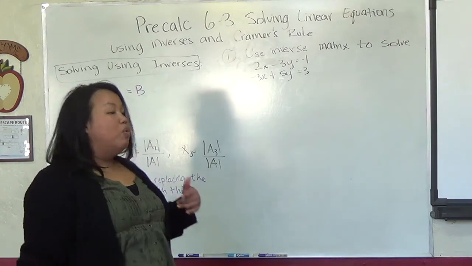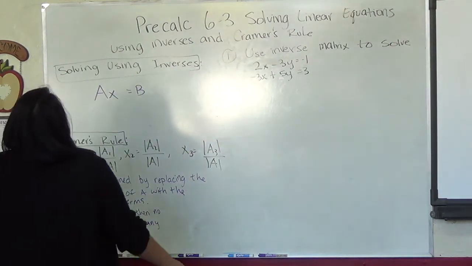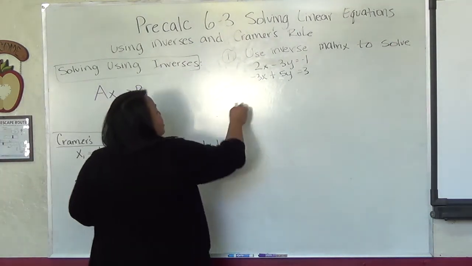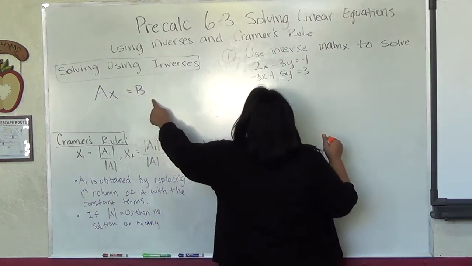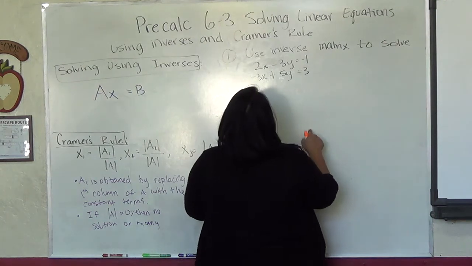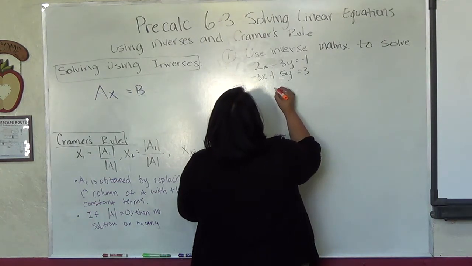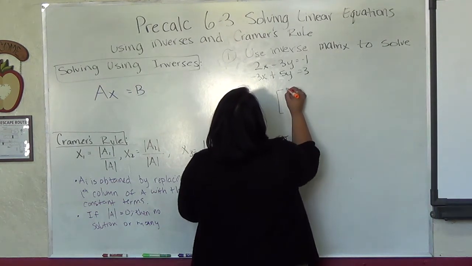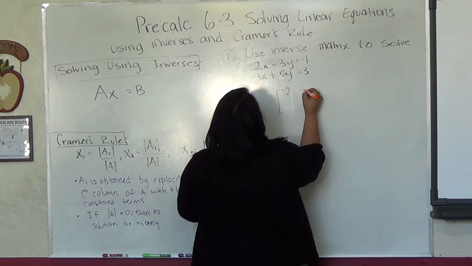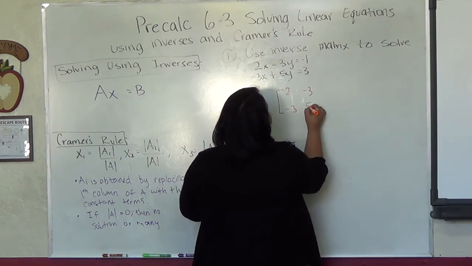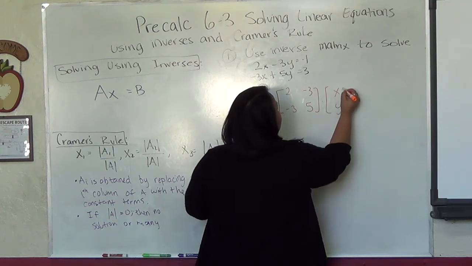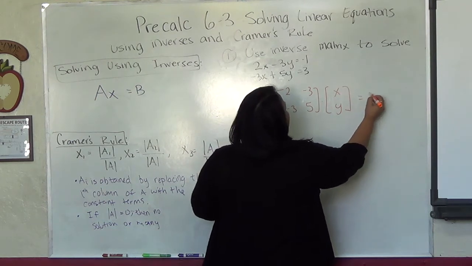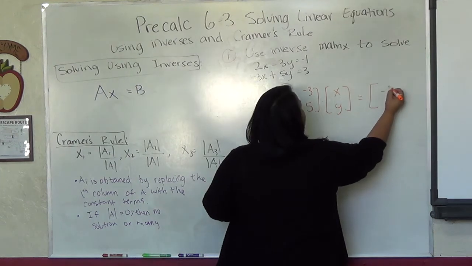Yes. When you create a matrix, you create the coefficient of the answer. So it would be AX equals B. So my coefficient is 2, -3, -3, 5, times X and Y equals -1, 3.